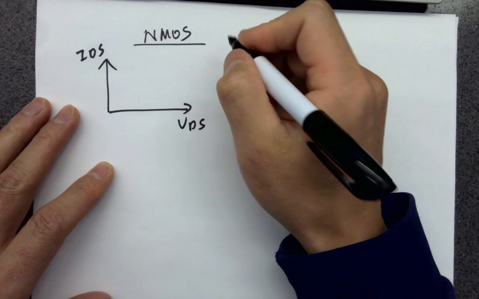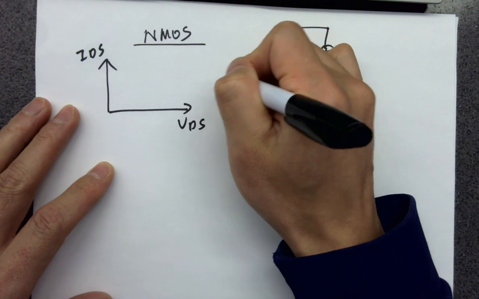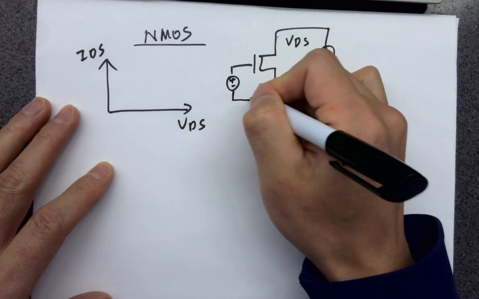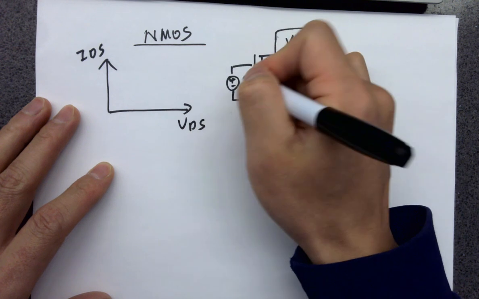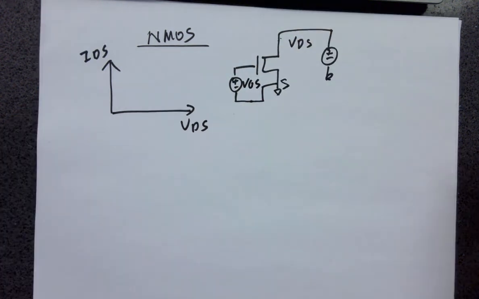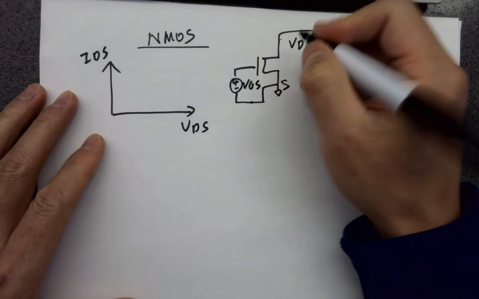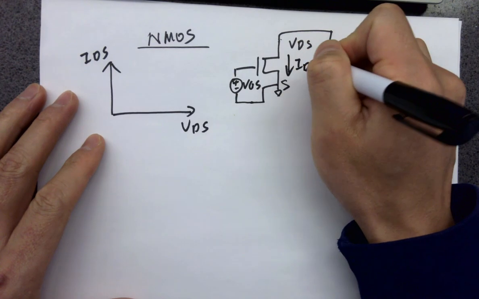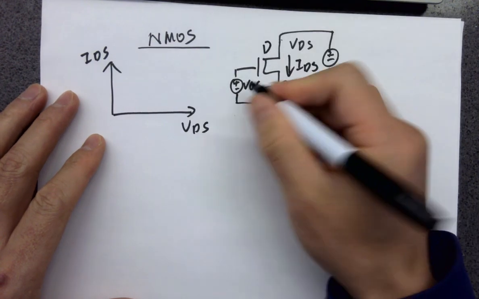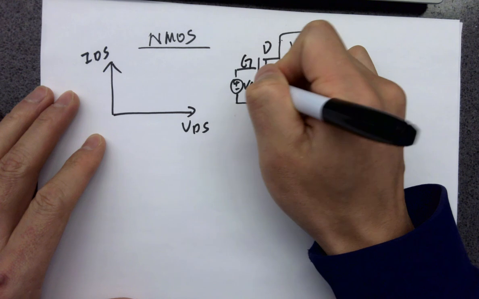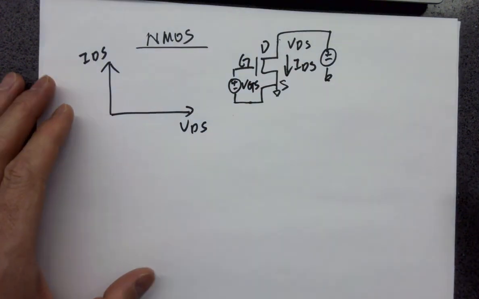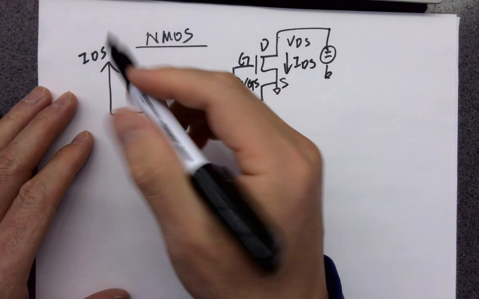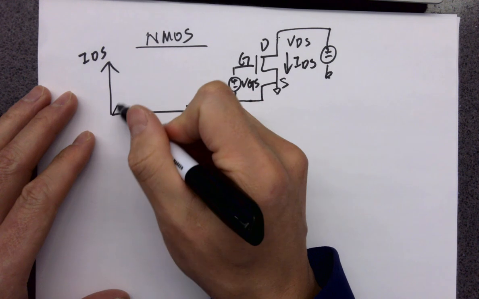If we ground it, this is VGS, and this is IDS. That's drain, source, gate. Okay, so VDS versus IDS looks like this.